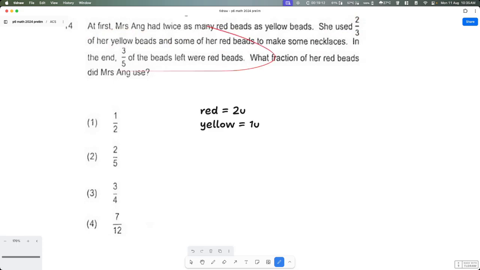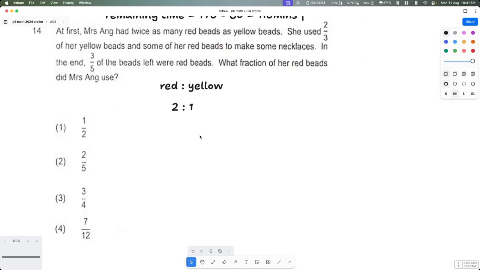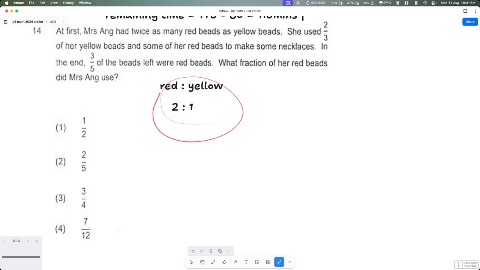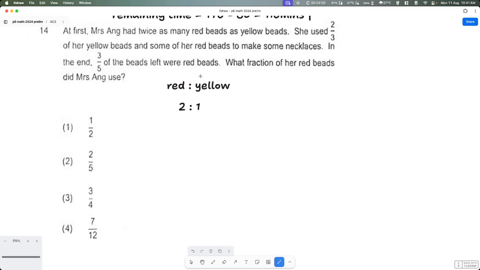In the end, 3/5 of the beads left were red beads. What fraction of her red beads did Mrs. Ang use? So we're going to put this as a ratio. So red and yellow is 2:1. We know that she used 2/3 of her yellow beads. That's what you see over here, but before that, so this is the before.